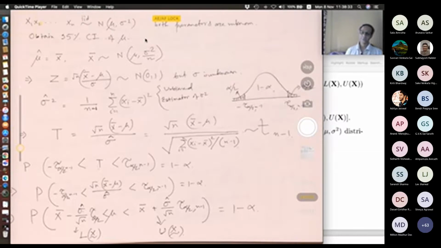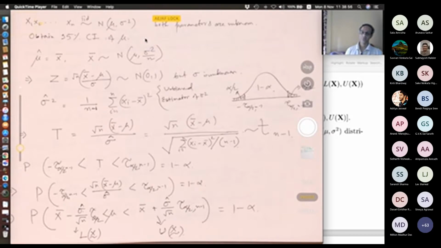Please. Sir, we wanted to find an interval in which mu lies with probability 1 minus alpha, right? Yes. So we first estimated mu with x bar. Yes. And then it is equivalent to finding an interval in which x bar lies with probability 1 minus alpha.